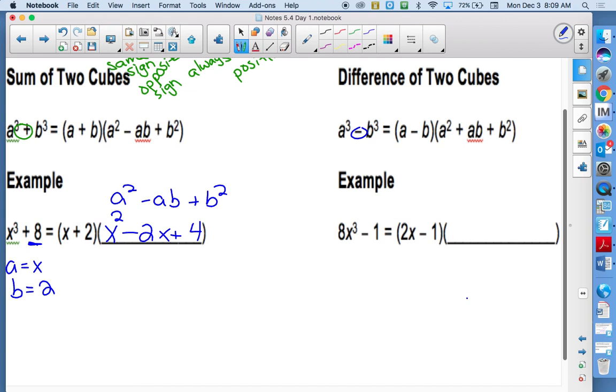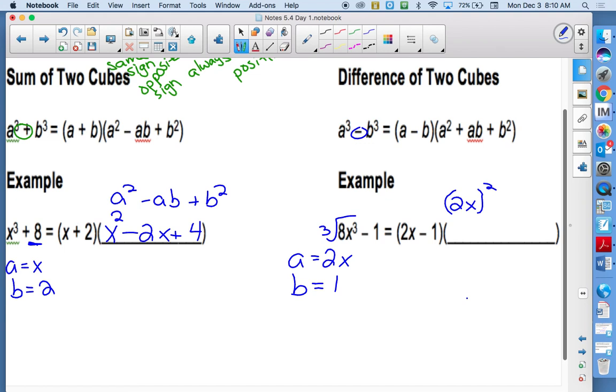So looking at the second one, we have 8x cubed minus 1. So we need to take the cube root instead of taking the square root. The cube root of 8x cubed is 2x. The cube root of 1 is 1, since 1 times 1 times 1 is 1. So then to follow the pattern, it says take a squared. That means you're taking 2x and you're squaring it.